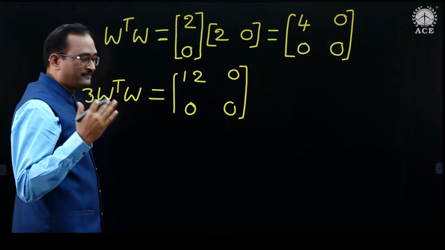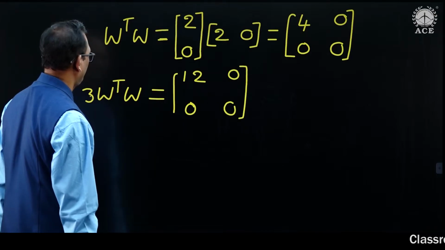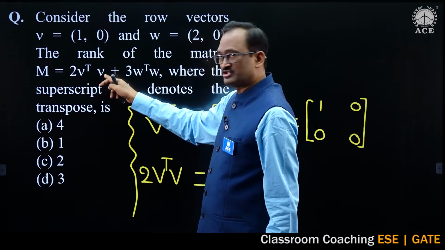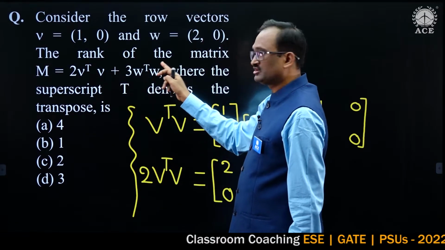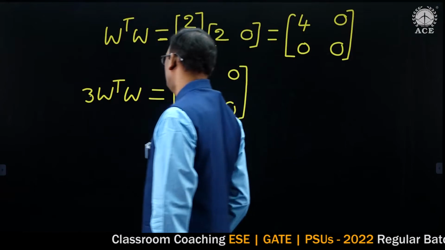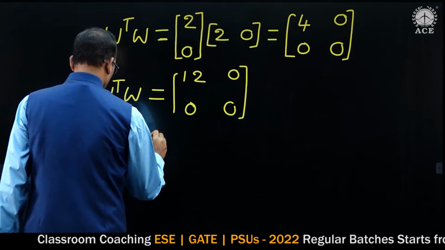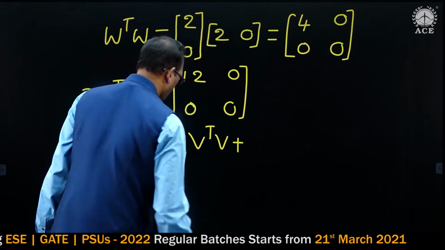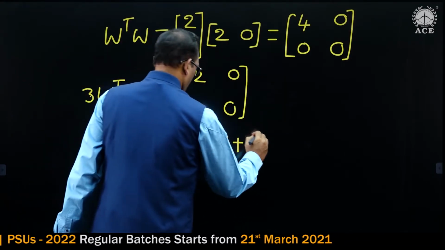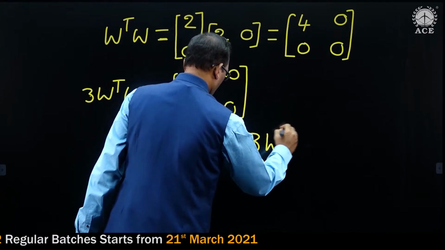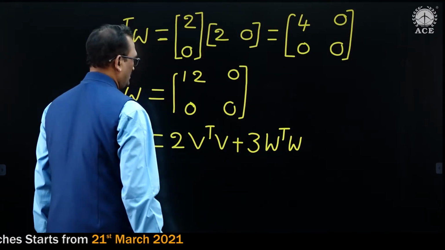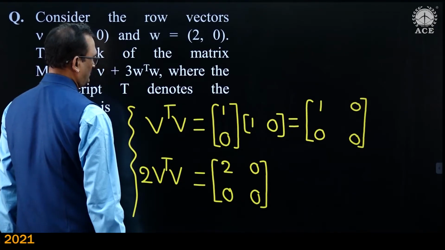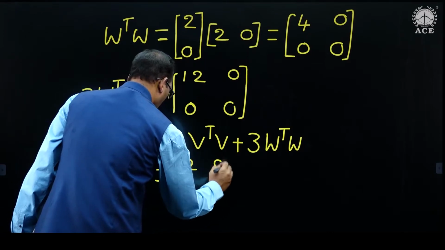Now we were asked to find the rank of the matrix M is equal to 2 V transpose V plus 3 W transpose W. What is the first matrix? 2, 0, 0.